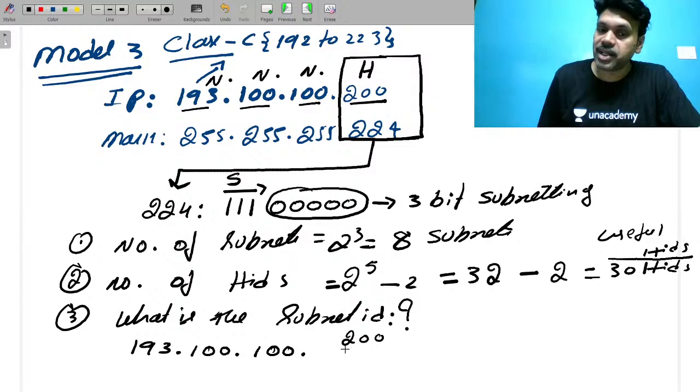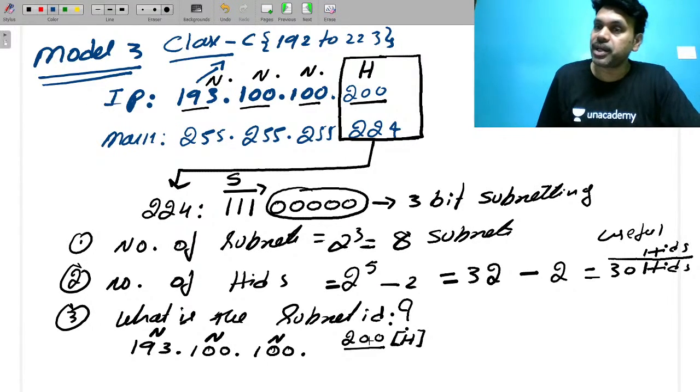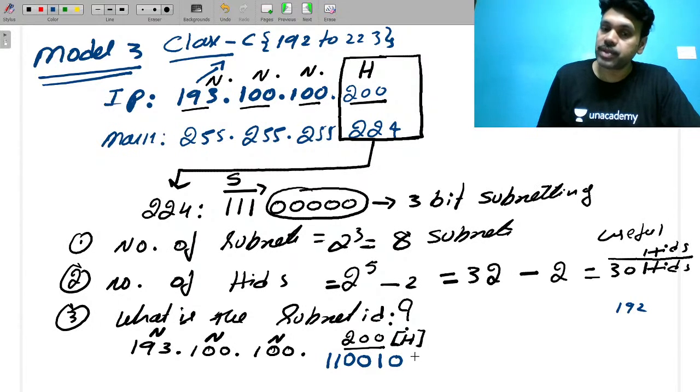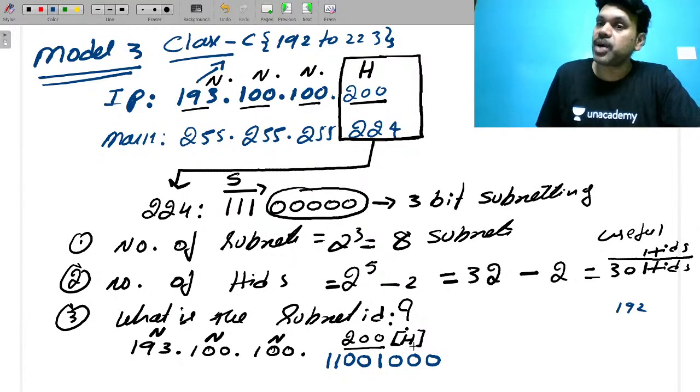Write this HID into binary, because this is NID, this is NID, this is NID, and only this is the HID part. So write 200 in binary. 128 is on, 64 is on, we got 192 so far, and 32 off, 16 off, 8 on, 4 off, 2 off, 1 off. This is your 200 in binary.